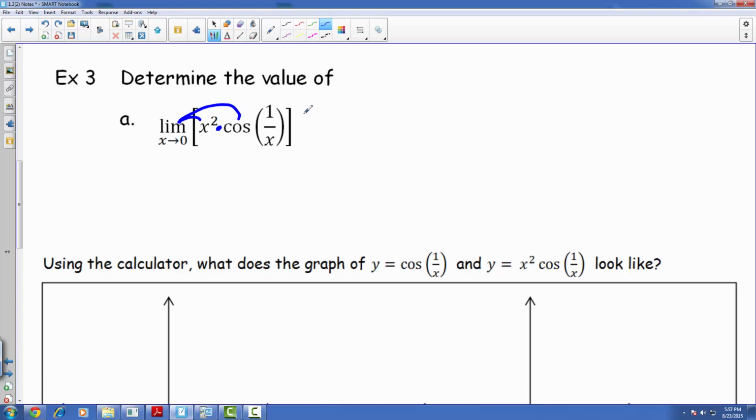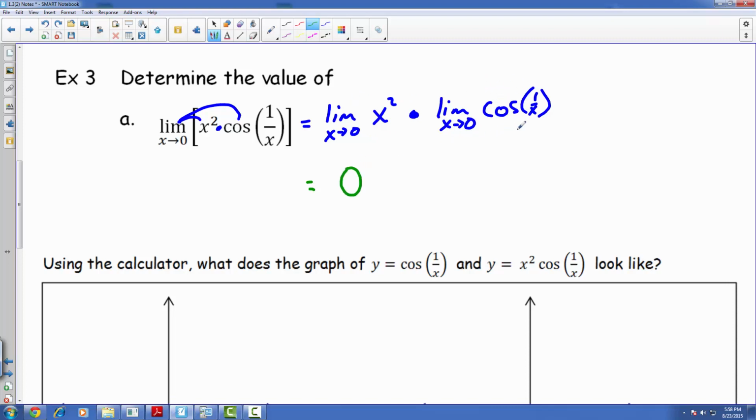So when we do that, we end up with the limit as x approaches 0 of x squared times the limit as x approaches 0 of cosine of 1 over x. Now, the limit as x approaches 0 of just x squared is a nice, easy one that comes out to be 0. So we're not too worried about that first guy.